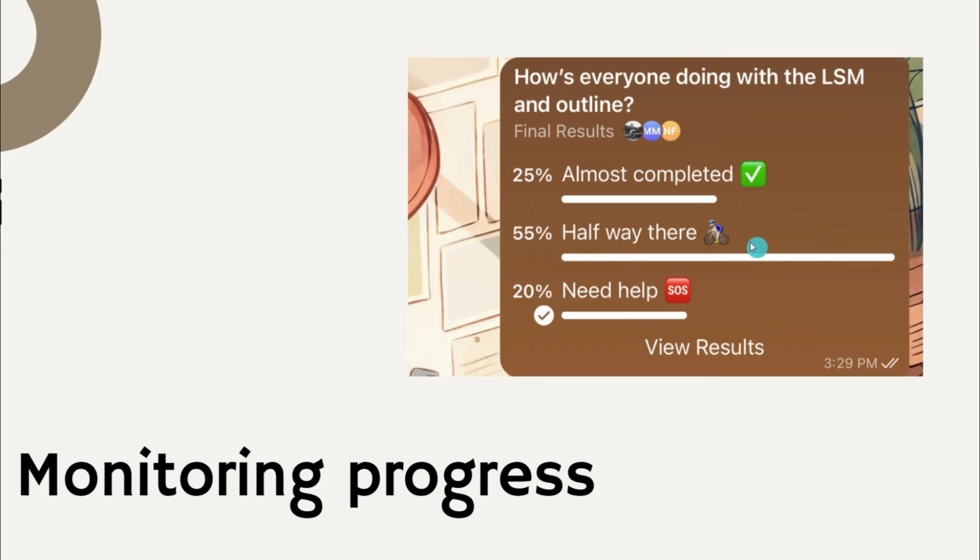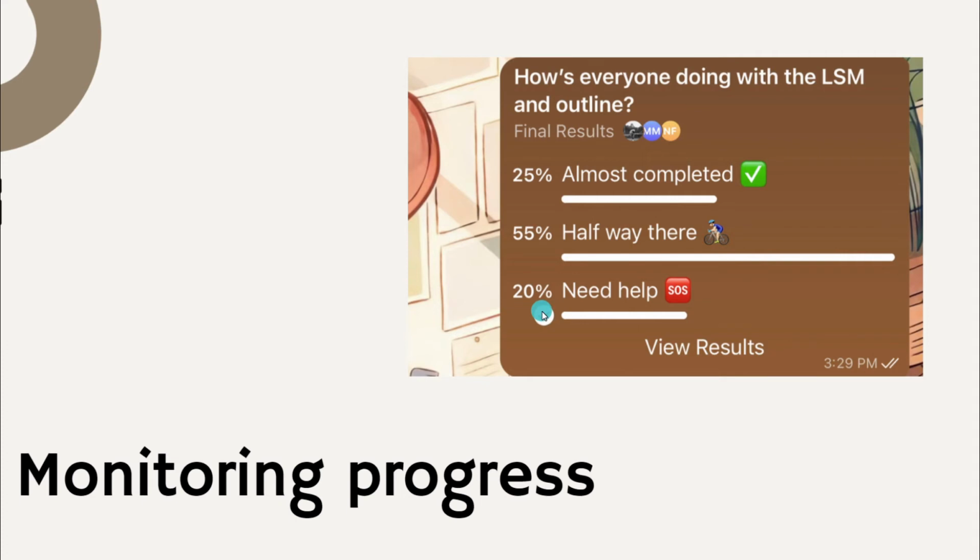And when you know that, for example, four students selected need help, you can address these 4 students and ask them whether they need extra guidance and assistance from you as the instructor. And this will help students be engaged in the Telegram group, because they know, alright, if I choose this, for example, then my instructor is actually acknowledging that I need help.